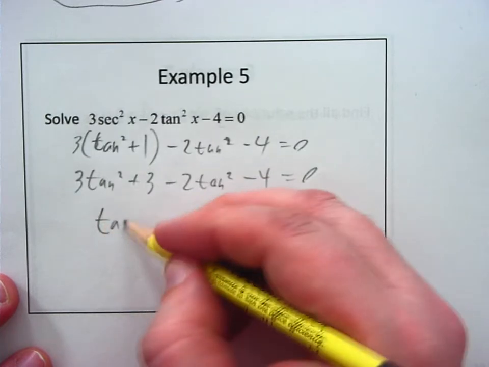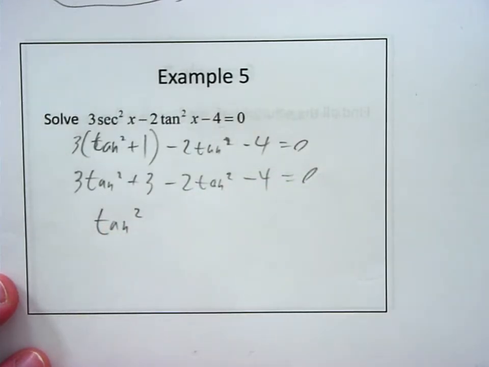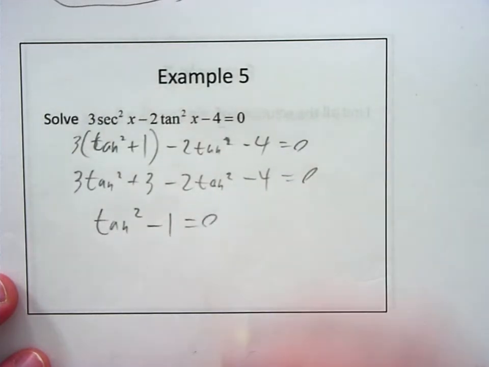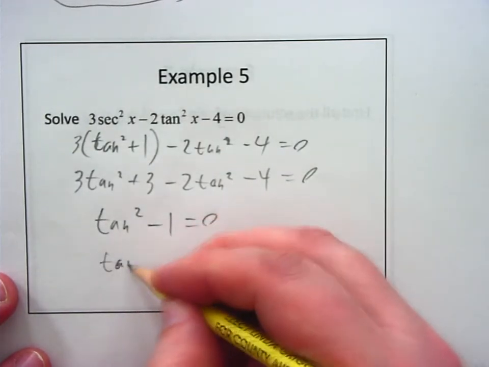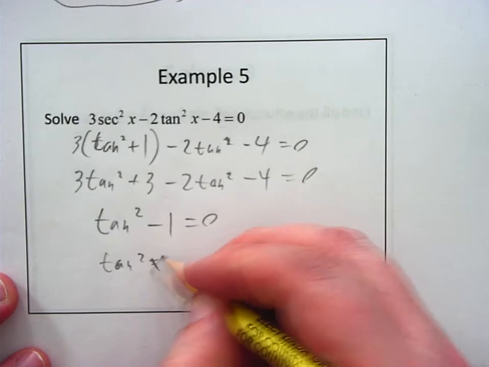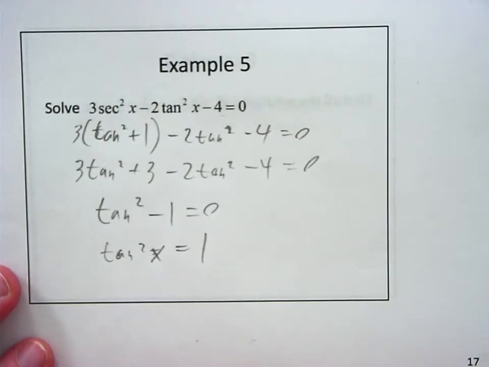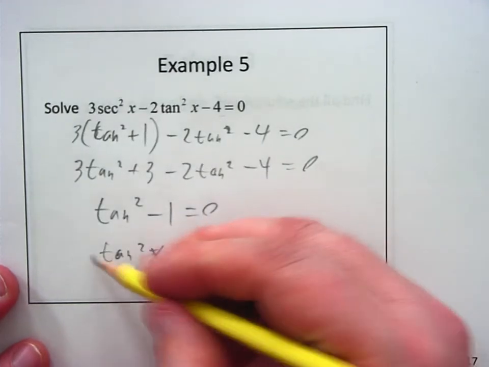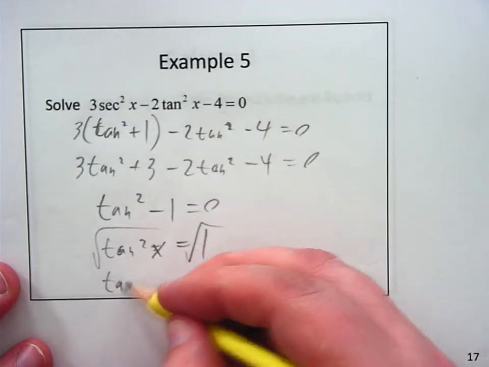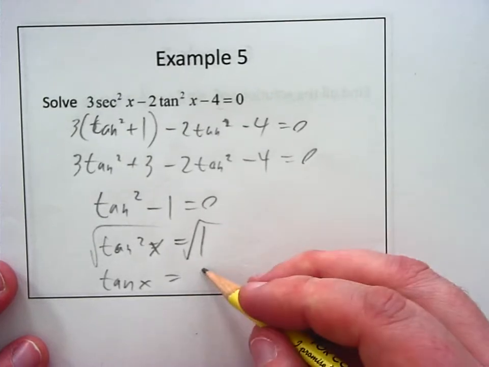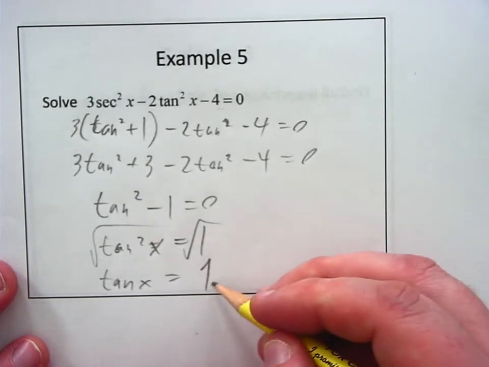So you get a single tangent squared left, and I'm going to do minus 1 equals 0 first, move over the 1. Yes. So I have tangent squared x is equal to 1. Then what? Square root. So tangent of x is equal to what? 1. Just 1? Yeah.